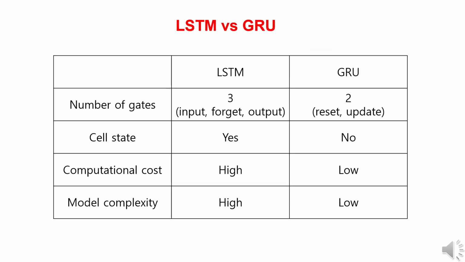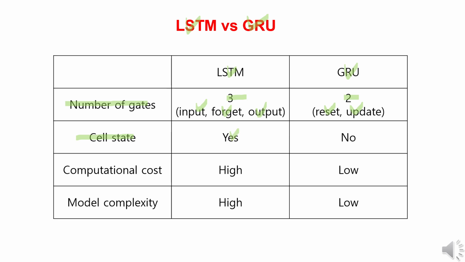Finally, let's compare LSTM and GRU from a structural perspective. First, if we look at the number of gates, LSTM uses 3 gates: the input gate, forget gate, and output gate. In contrast, GRU uses only 2 gates: the reset gate and the update gate. Also, LSTM manages information using both a cell state and a hidden state.